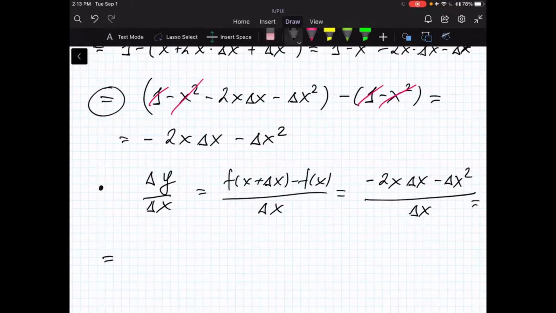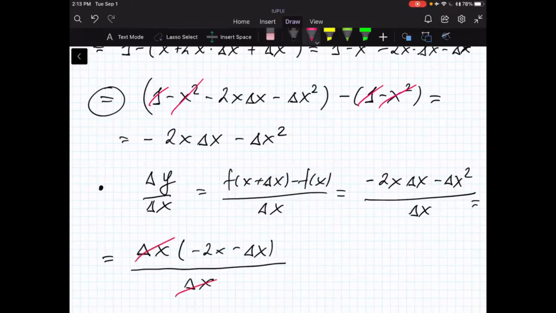Maybe it's better to write it down like this: delta x times minus 2x minus delta x, divided by delta x. So I have cancellation here, and the final answer is minus 2x minus delta x. So the second step is to write down the ratio and try to simplify it as much as possible.